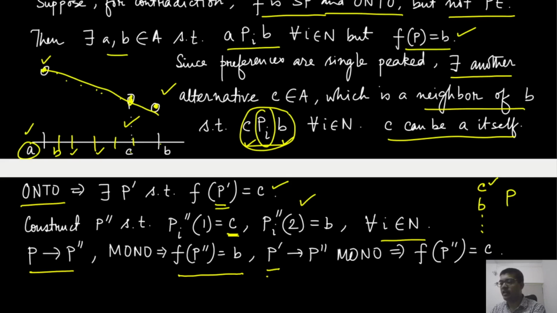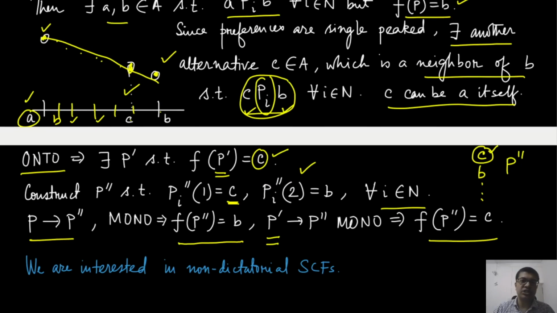But in P prime we see that the outcome is C, which is different from B. And what we have done in P double prime is that we have pushed C to the top for all the players. So of course, using monotonicity, we can find that f of P double prime is equal to C, and this is a contradiction. So we have emulated the same proof that we did for the unrestricted domain, but the construction of P double prime is slightly different, and that is required because we are in a single peak domain.